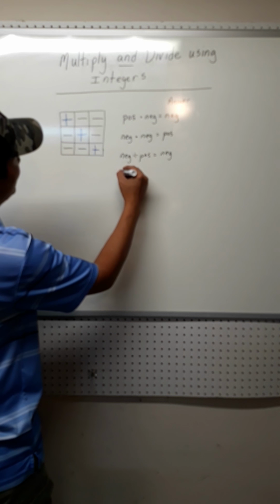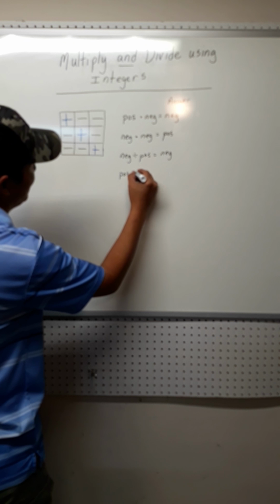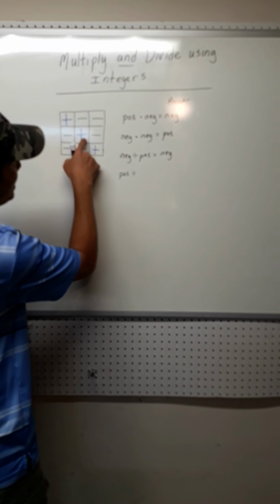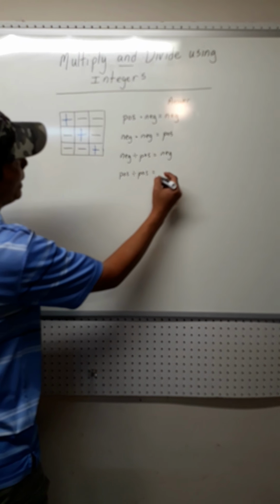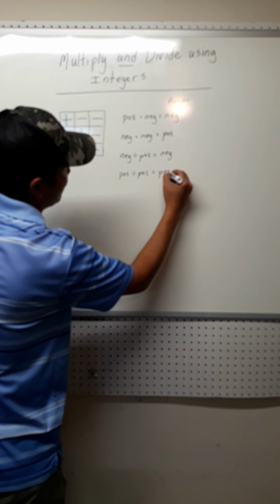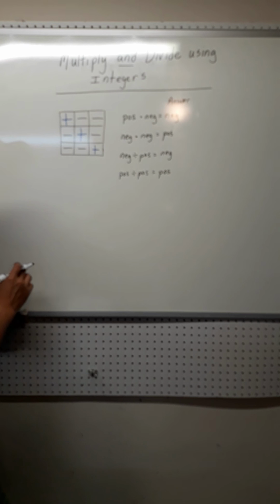I have a positive divided by another positive, it will give me a positive. And so you can go any combination, as long as you stay within the same row or column or diagonal, this will always work.